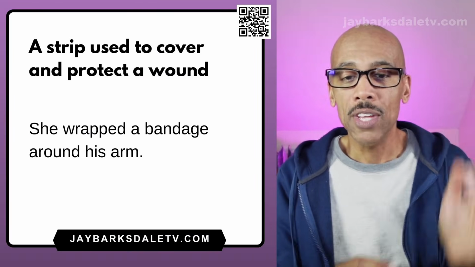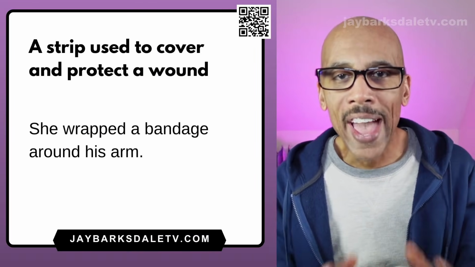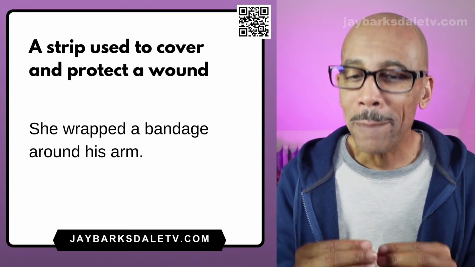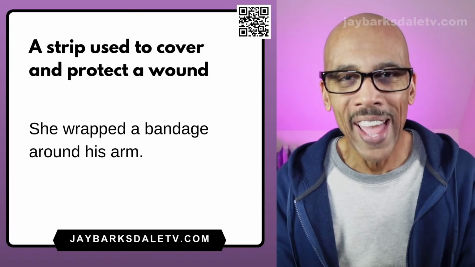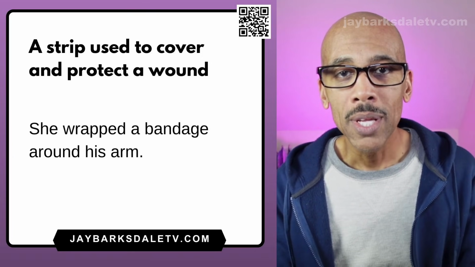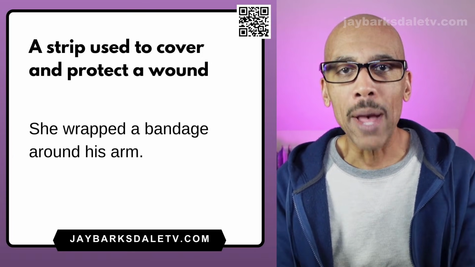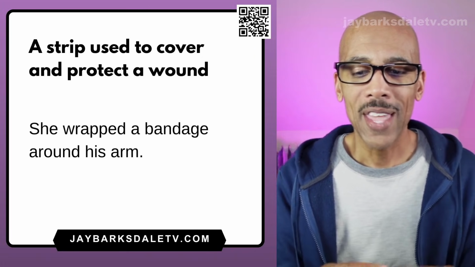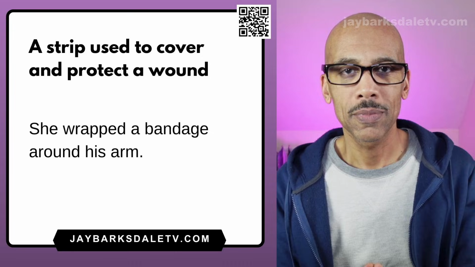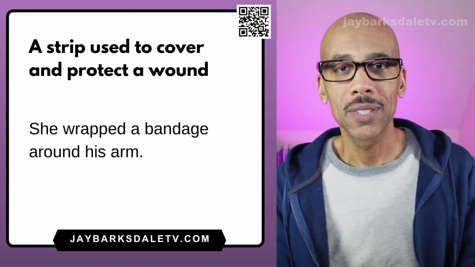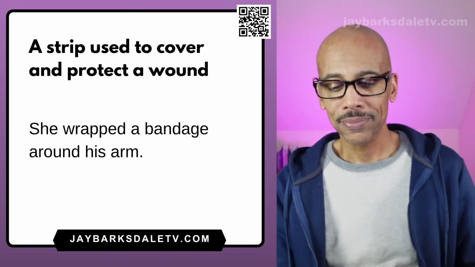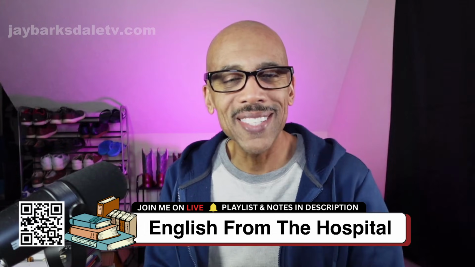Notice my sentence. She wrapped a bandage around his arm. Let's read and repeat. She wrapped a bandage around his arm. What are some other things that you can wrap?